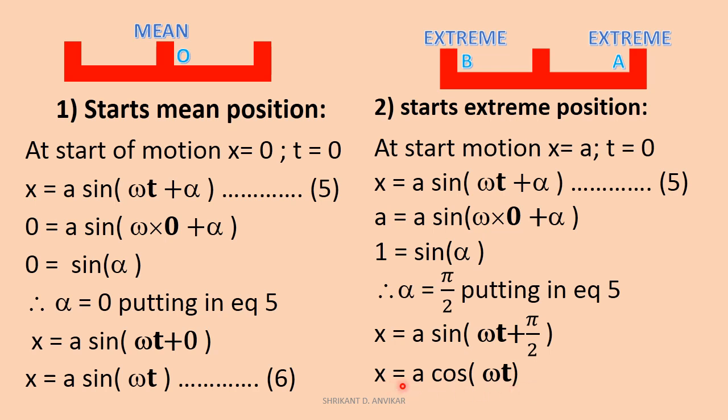This is the expression for displacement of the particle if it starts its motion from extreme position. In this case, the value of alpha is pi by 2 radian.